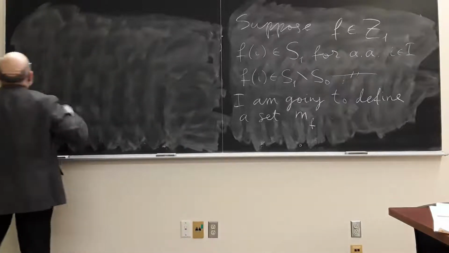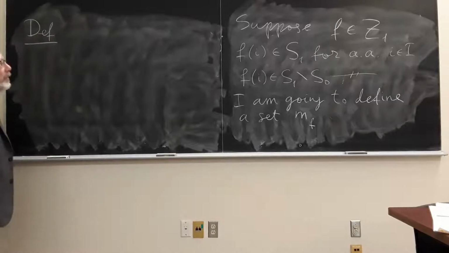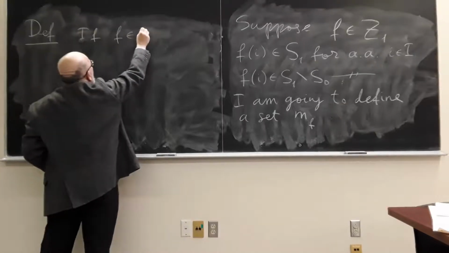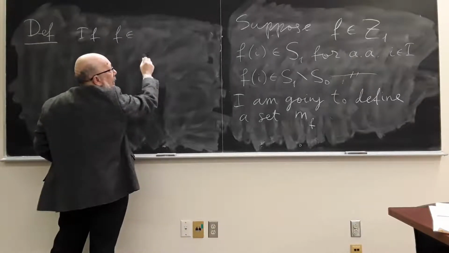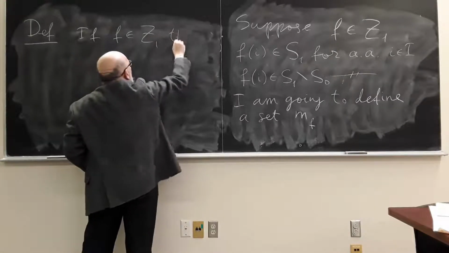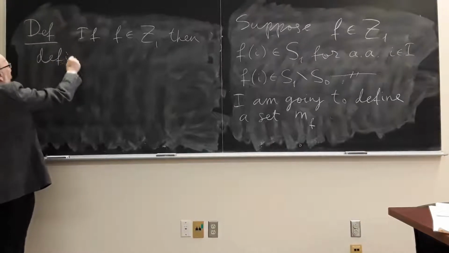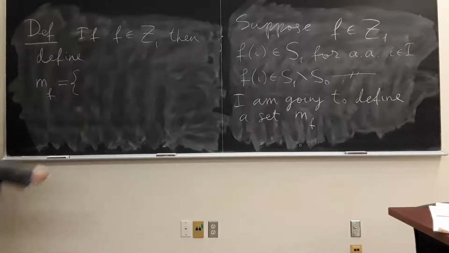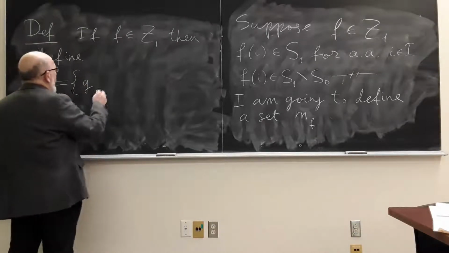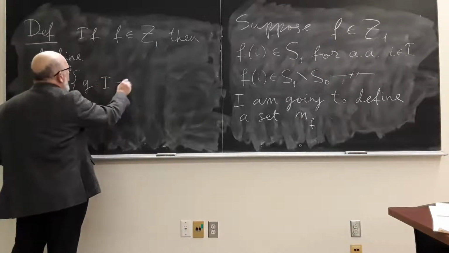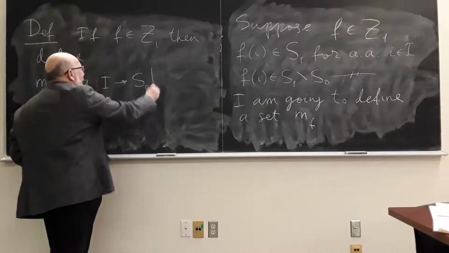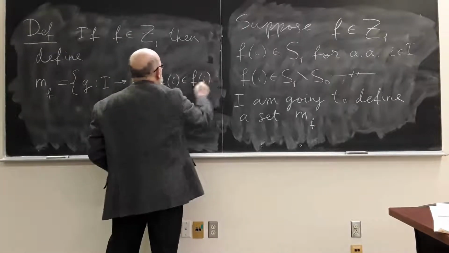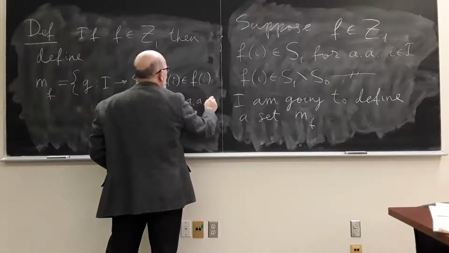If f is in Z1, then define M_f as the set of the following functions g from I to S0 such that g of i is an element of f of i for almost all i in I.